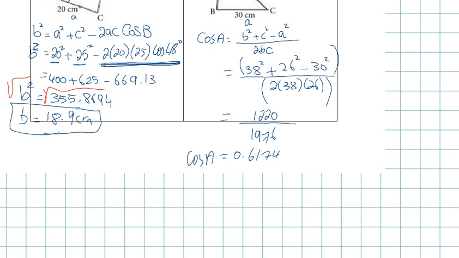So you do cosine inverse, so shift cos of the answer, and I think it's 52 degrees. That's rounded up, yeah.